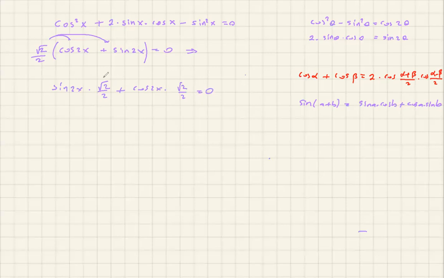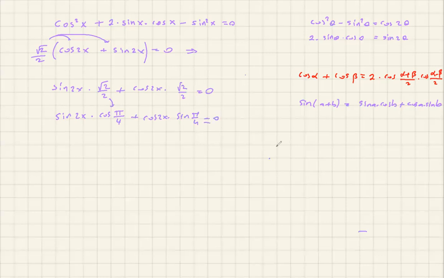Now I'm going to replace this number with cosine 45, which will be sine 2x times cosine of pi over 4, because this is the same as this number, and cosine 2x times sine pi over 4.